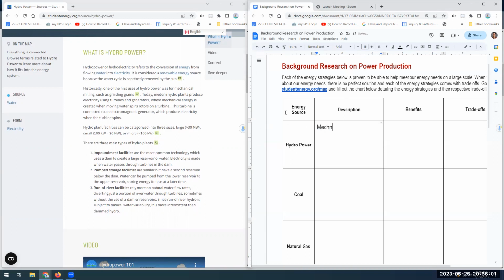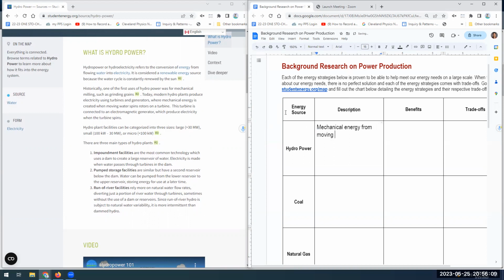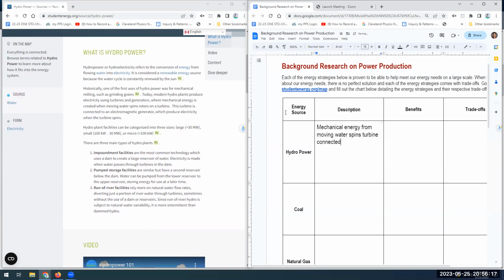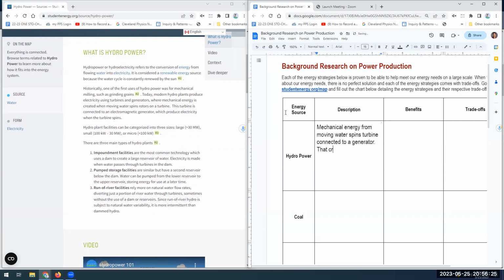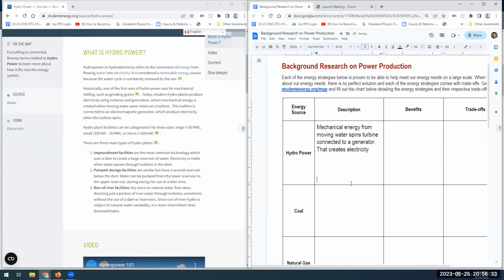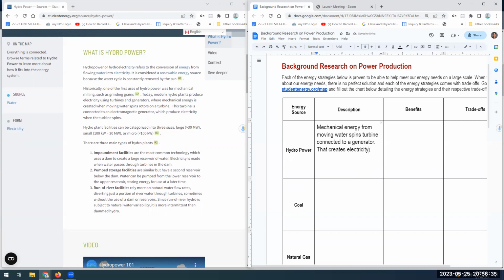I could write mechanical energy, and by the way, you're obviously doing this on pen and paper, so that's totally fine, from moving water, spins a turbine, right, which is connected to a generator, and then that creates electricity. Okay, so that's a pretty decent summary. And we can also basically say renewable.